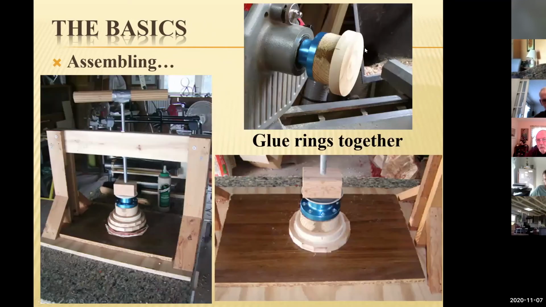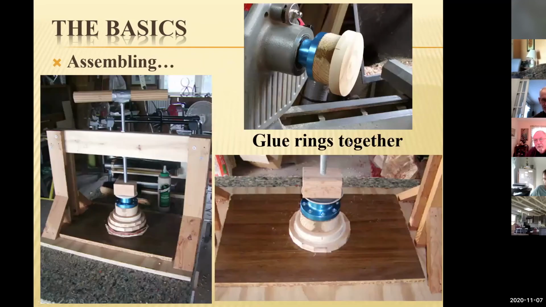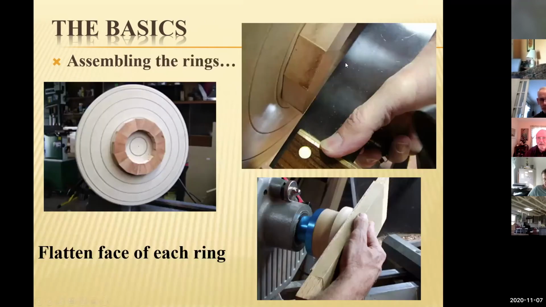Okay, so once we have that final flat face, this figure here shows gluing it to the base. So I had taken the base, this is the waste block, and I had flattened the base with sandpaper. We have a flat base. I take this first ring, flip it over because this face now is flat.